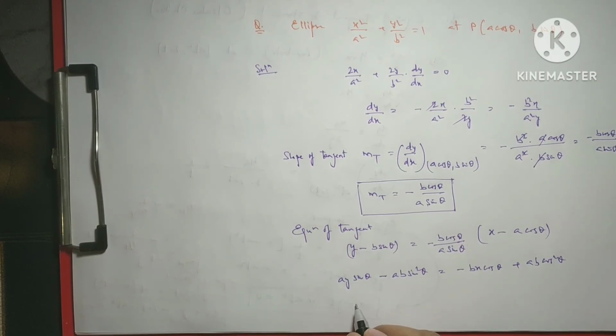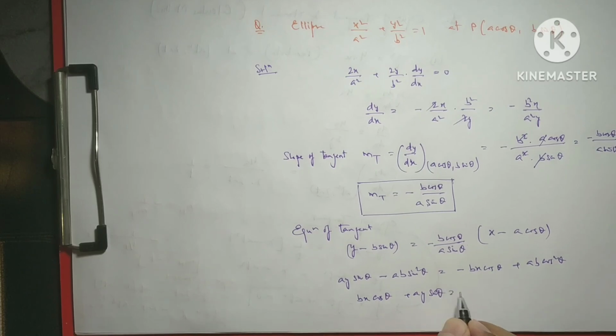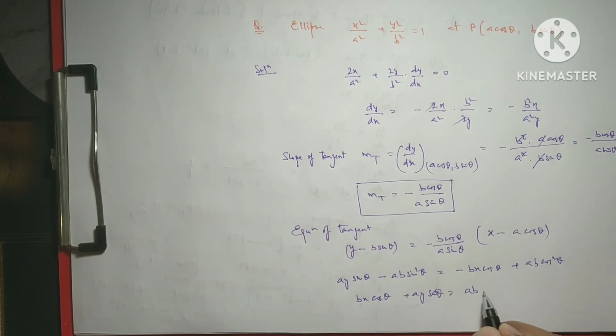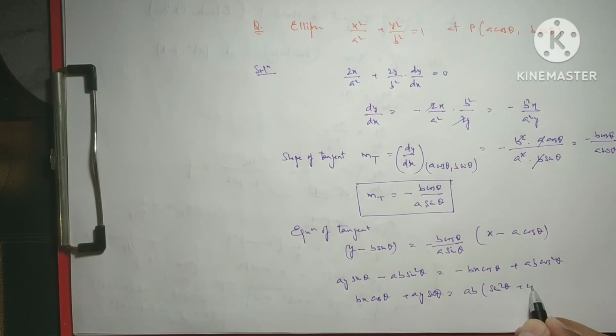So taking it on this side, bx cos theta plus ay sin theta, and this comes on this side, ab is common, we get sin square theta plus cos square theta, this is 1.